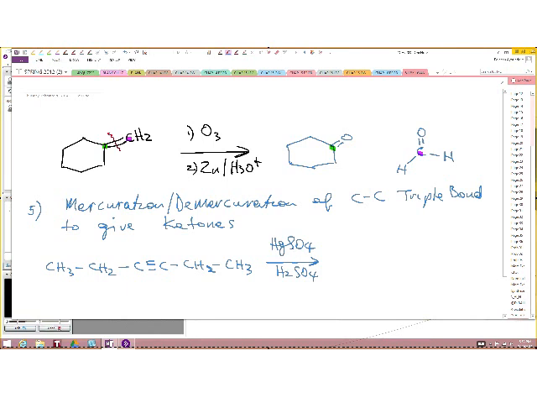This reagent here transforms one carbon of the carbon-carbon triple bond to a carbonyl and the other carbon to a CH2.